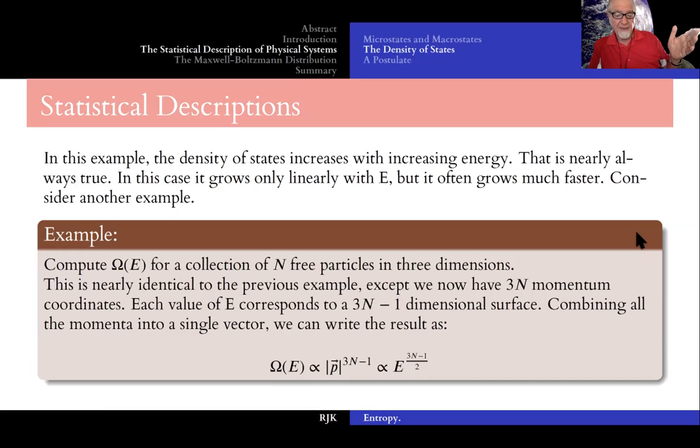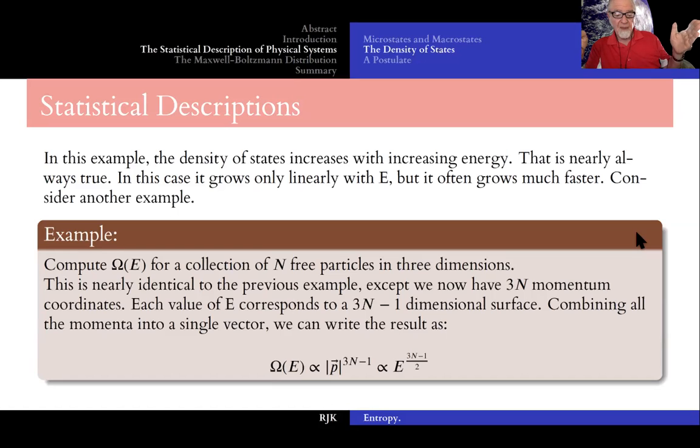The radius is still the magnitude, but it now has 300 components in it, and the area of a 3n dimensional surface of a sphere is r to the 3n minus 1.